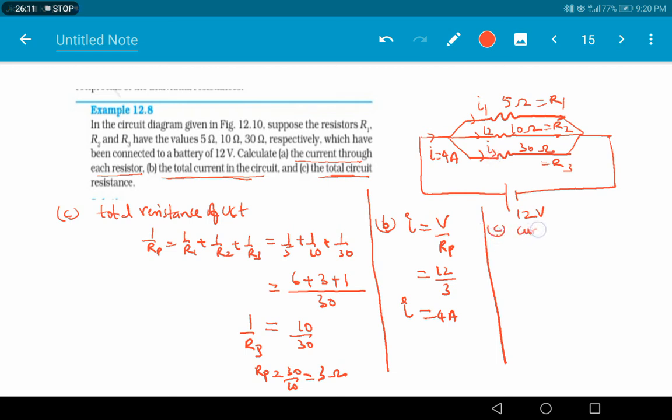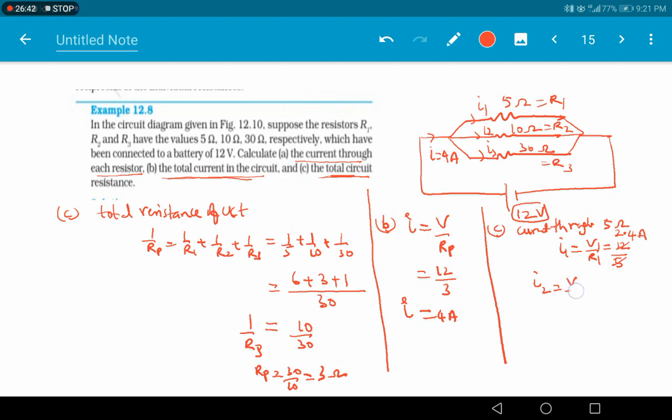So current through 5 ohm, I1 is equal to V1 by R1. V1, V2, V3 are the same, that is 12 by 5. So 5 2s are 10, 5 4s are 20, so 2.4 ampere.